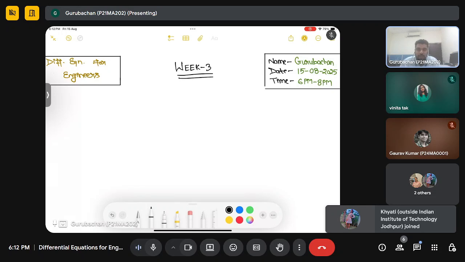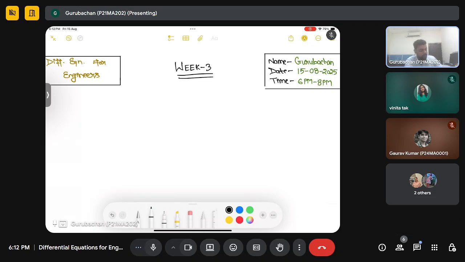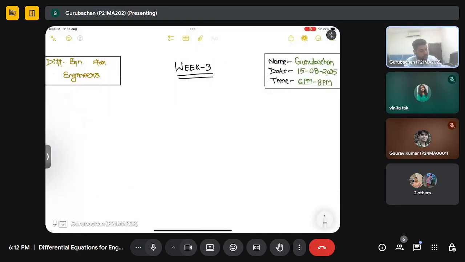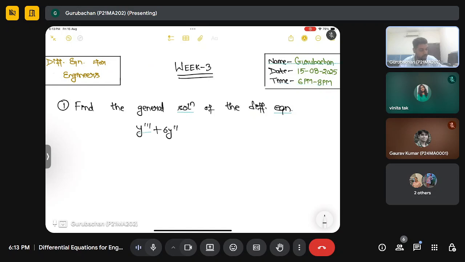So let me start with the first question. Find the general solution of the differential equation y triple dash plus 6y double dash.